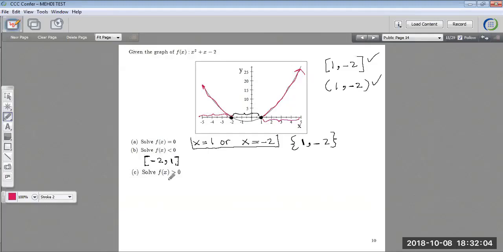So we can write the interval notation as all the numbers from -infinity to -2, including -2, or, for all, we're going to use union. That means union. All the numbers from 1 all the way to plus infinity, just put infinity. We're going to use parentheses for infinity because the endpoint is not defined. So this would be where f of x is greater than 0.